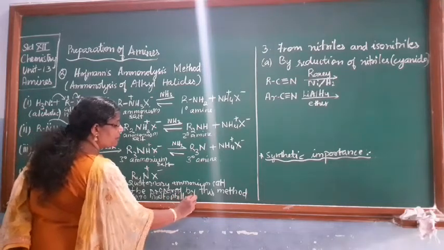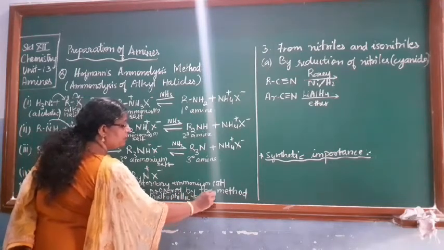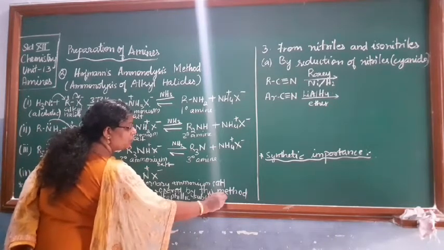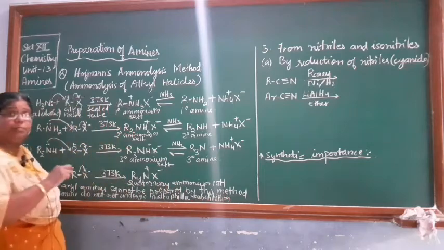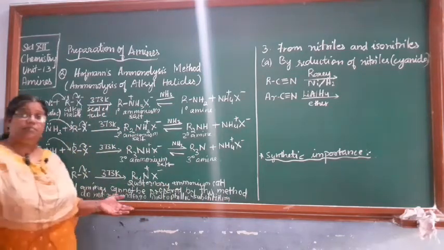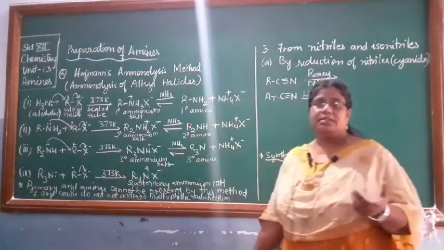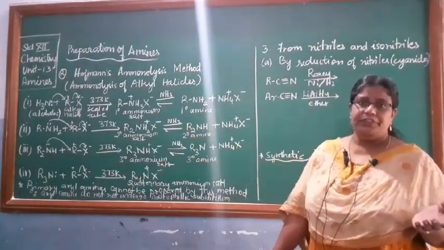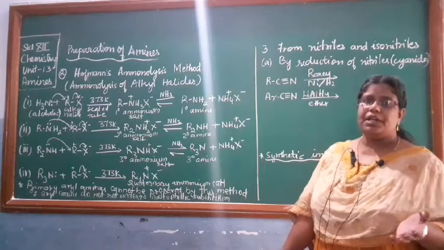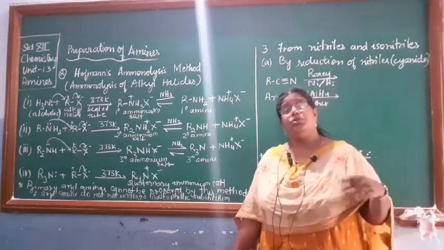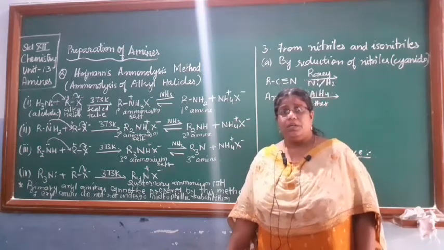nucleophilic substitution. When we studied haloalkanes and haloarenes, we saw that nucleophilic substitution reactions are not possible with the aryl halides or haloarenes, as they are very difficult to undergo nucleophilic substitution reaction. They undergo nucleophilic substitution only under drastic conditions.